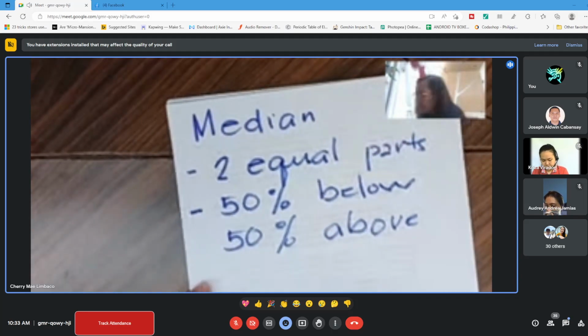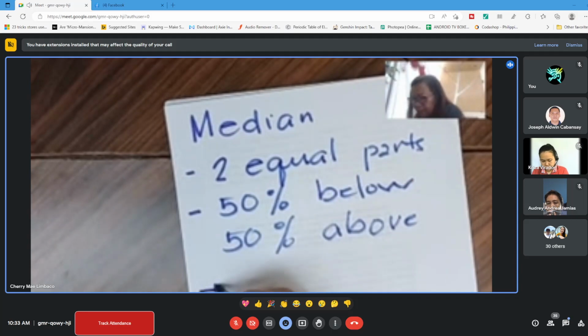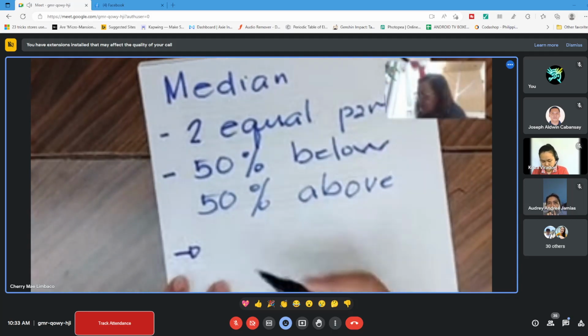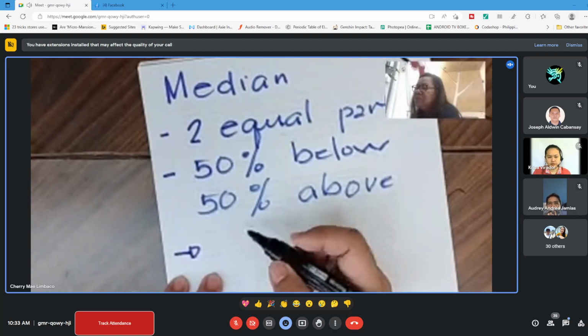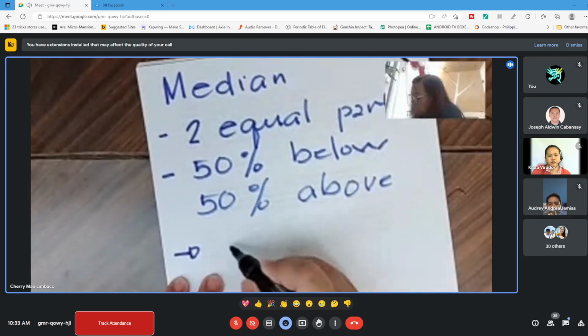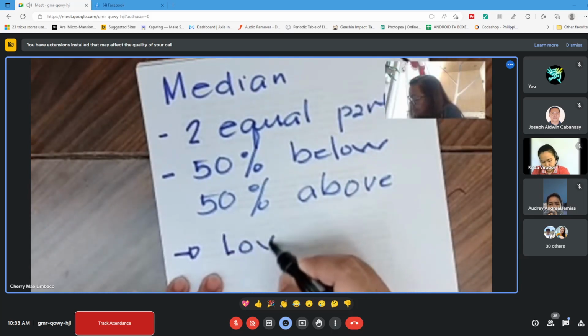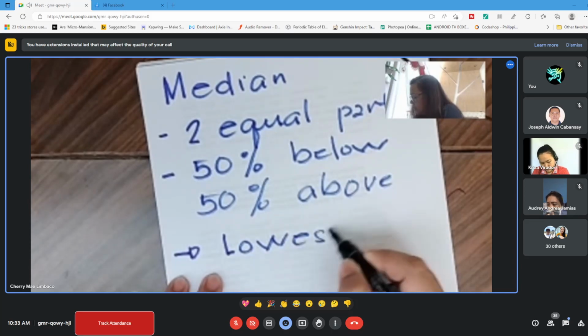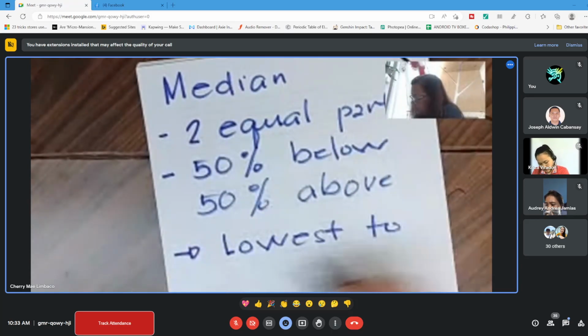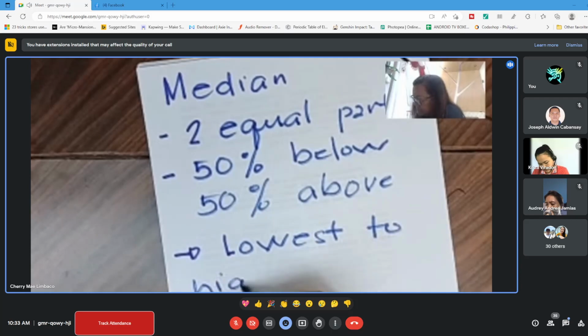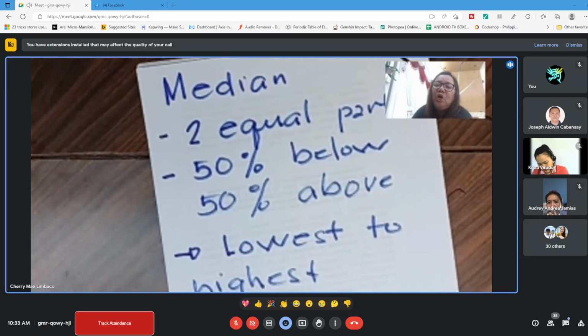Now, what are we going to do? When we solve for the median, we need to arrange the scores from lowest to highest. Then, we shall determine the middlemost score in the distribution.